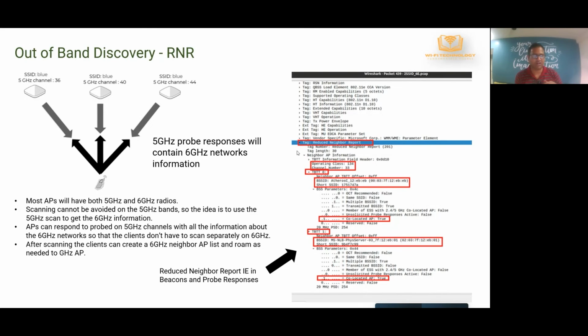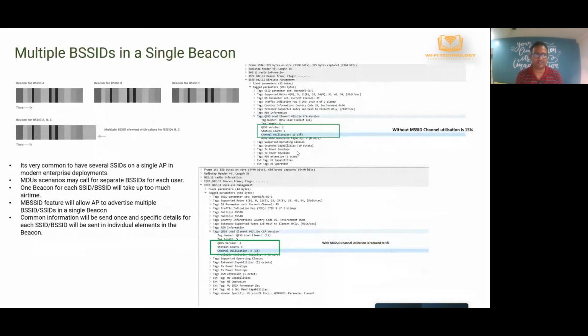It can always stay on the 5 GHz band, connect to the current AP, and get a list of 6 GHz APs that are available. If at some point it wishes to move to 6 GHz, then it already has a list of APs, so it can select an AP and then automatically associate. That way you don't spend any time doing off-channel scanning. And that is one method of out-of-band discovery.